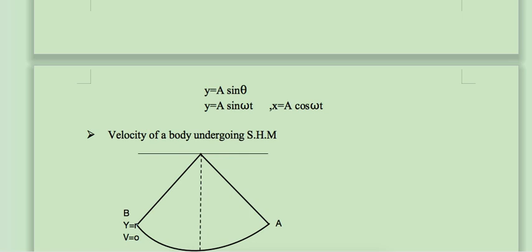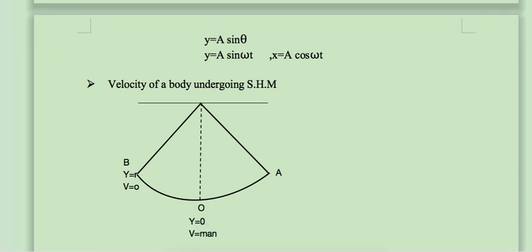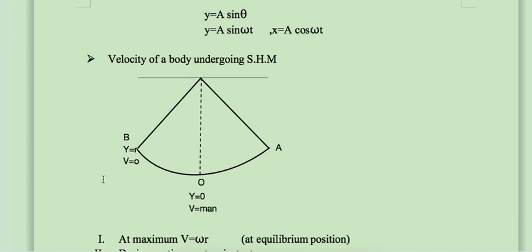Now, velocity of a body undergoing simple harmonic motion. Like I explained the other time, look at this diagram. If we perform a simple pendulum, look at the points on the horizontal plane there, then look at those dotted lines to 0. That is the equilibrium position.